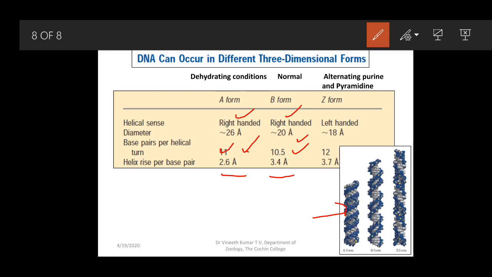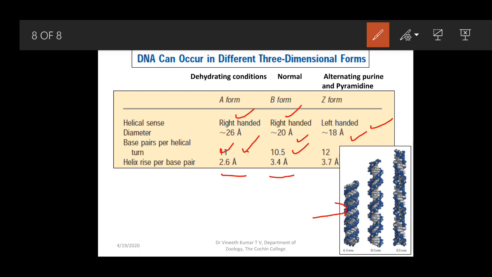Z form DNA is seen in DNA having alternating purine and pyrimidine. In such cases, the DNA will be left-handed, and the diameter again decreases in the left-handed helix to 18 angstrom.